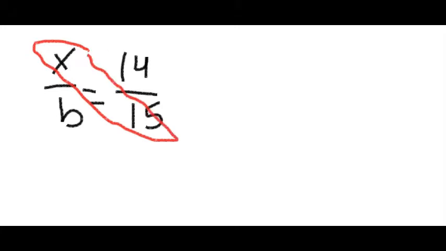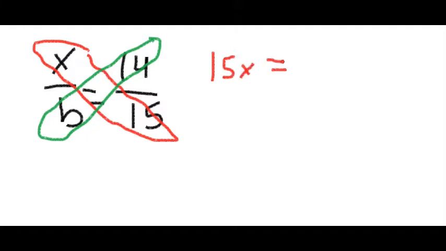The way we do this is we need to cross multiply. Alright. So that becomes x times 15, which is 15x, equals 14 times b, which is 14b. And that's simply the answer for this problem because I made a mistake.